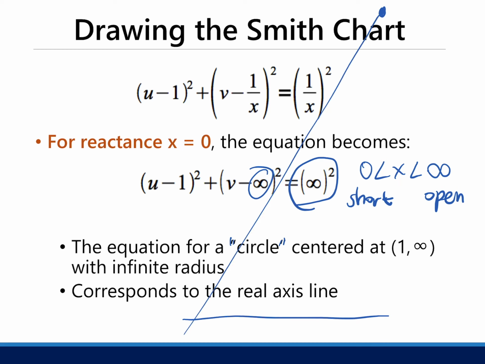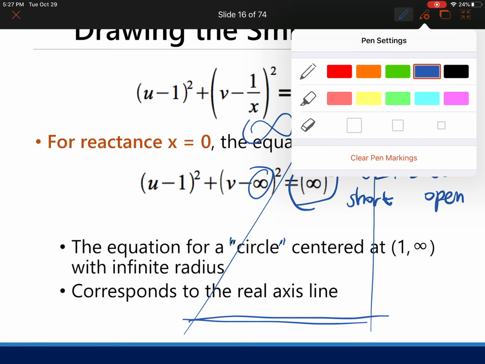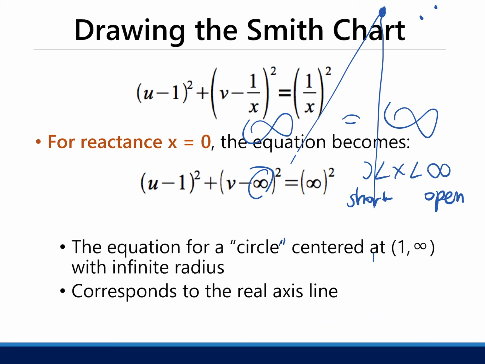If we measure the distance from here to here, it's infinity. This is infinity, this is infinity, could be equal, so it's indeterminate. Therefore, we can model it as a line. So that is your constant reactance circle when you have a short circuit.